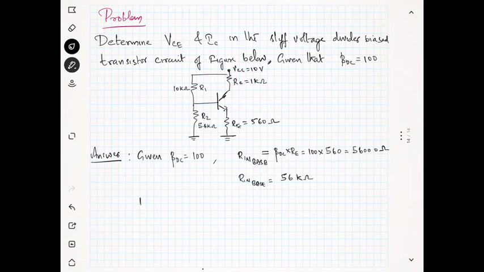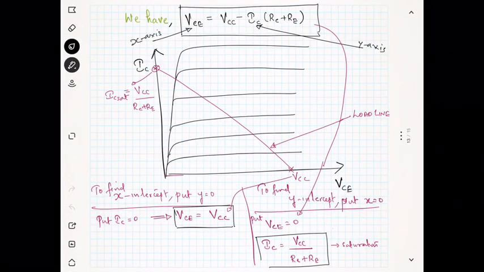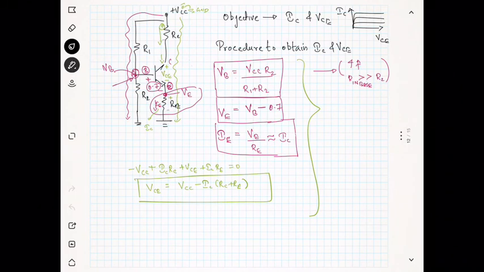Now what is R2? R2 is given as 5.6 kilo ohm. Now you can see the condition I mentioned before. If this is satisfied, we can use the formula for VB as VCC over R1 plus R2 into R2, right?